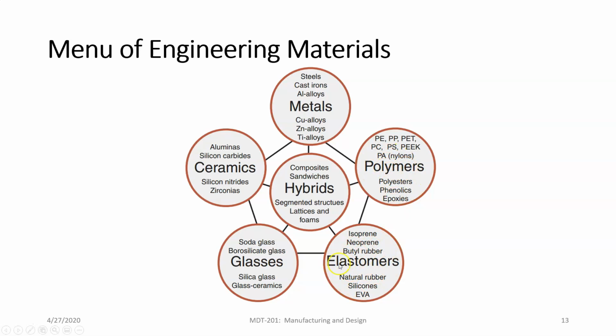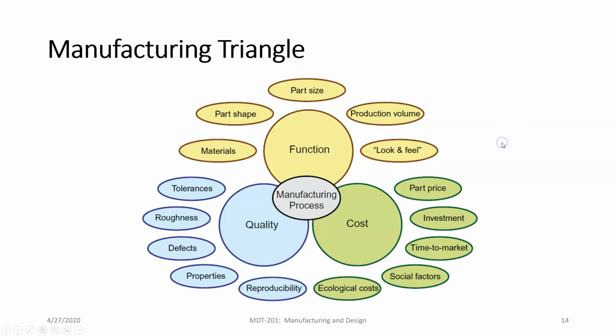Continuing down here, we have the elastomers or the rubbers, then glasses, ceramics, and then in the middle, we have hybrids. This is where we join these different major materials together to make hybrids. So this can help you understand what the menu is.